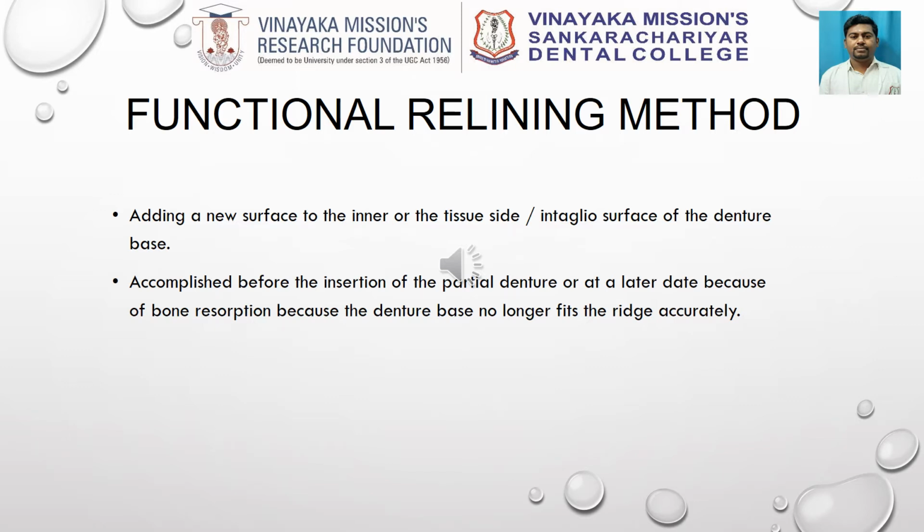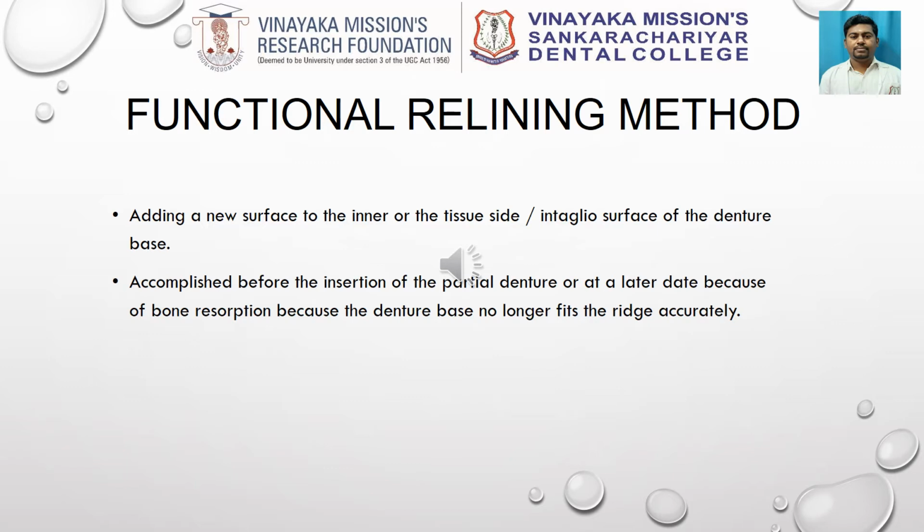Now, why do we need a functional relining method? Because in a functional relining method, the inner surface or the tissue surface or the intaglio surface of the removable partial denture is relined. Now, why is this important? It is important because once after the fit of the prosthesis, there is some amount of residual ridge resorption.